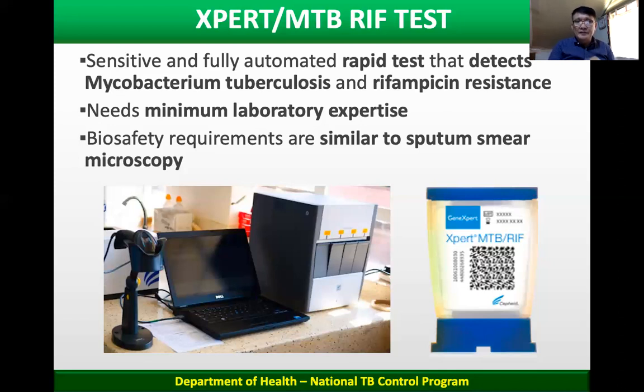Okay, and as far as the biosafety requirements, this is similar to sputum smear microscopy. So you don't need to establish another laboratory for GeneXpert. The same laboratory you have when you were still a TML or TB microscopy laboratory, the biosafety requirements are just the same.